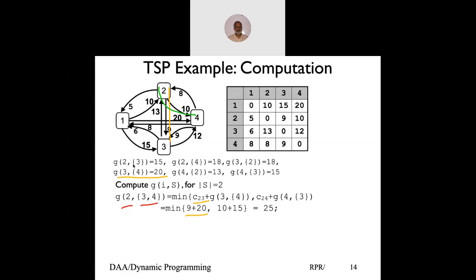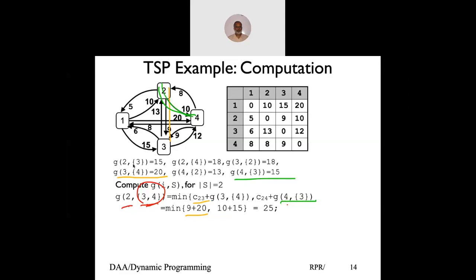So I'm having only these two. Once I choose my next vertex as 4, I'm left with only 3. So I need to look at G(4, {3}), which is given as 15.